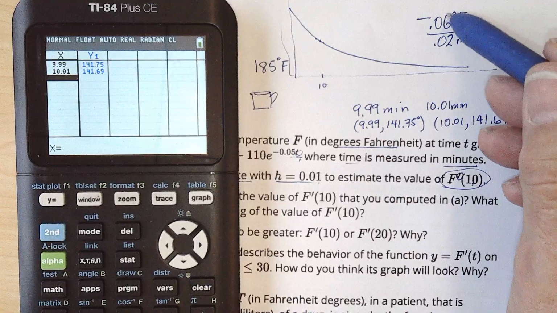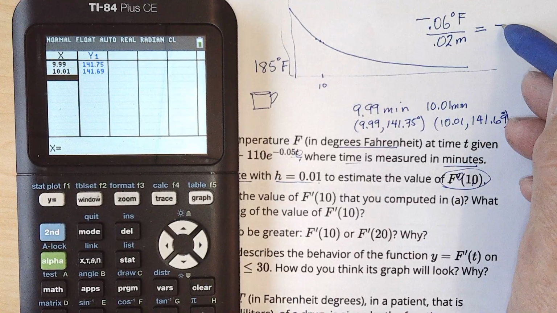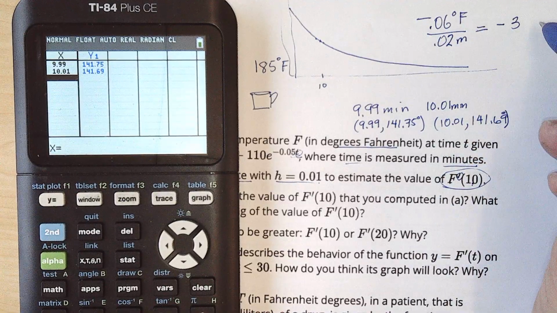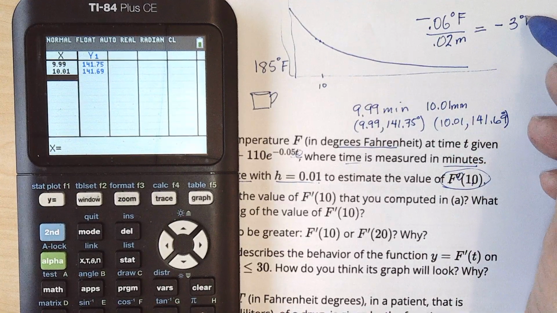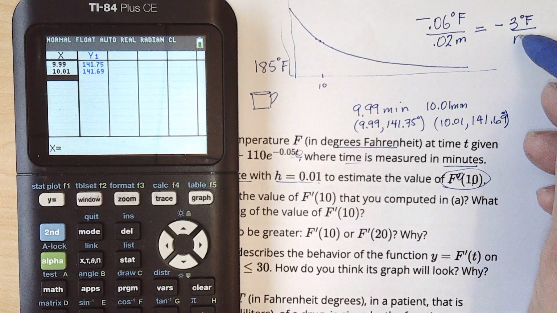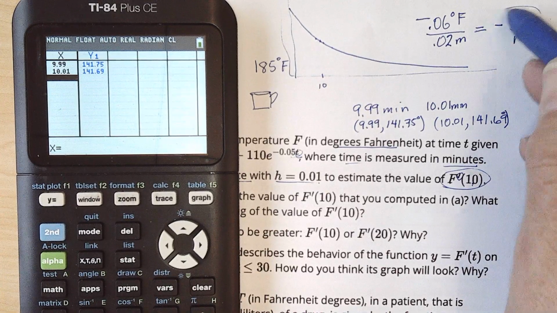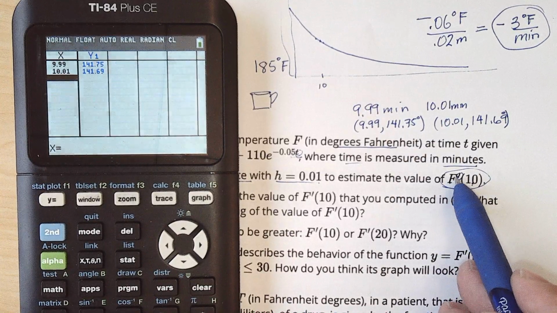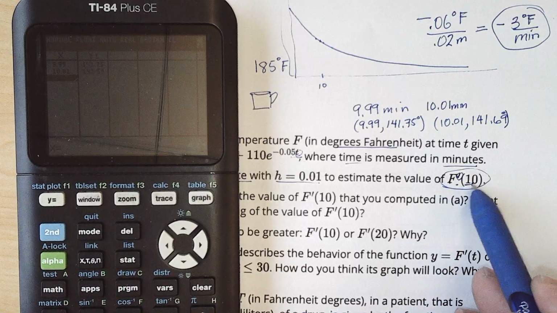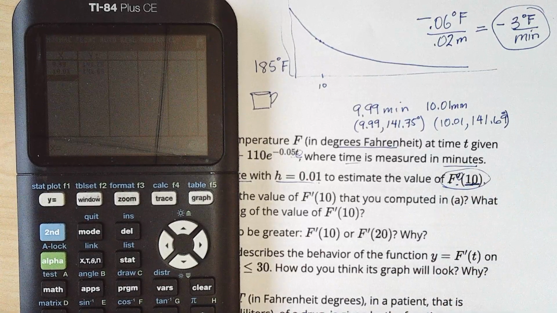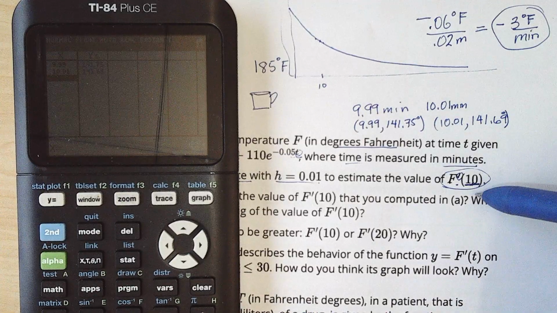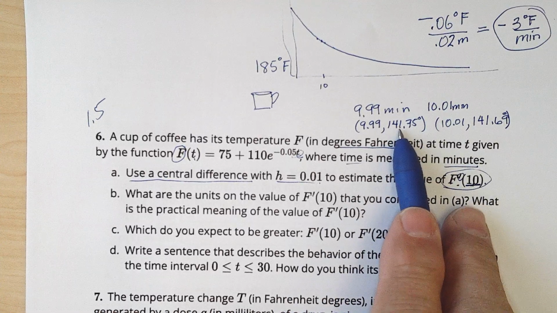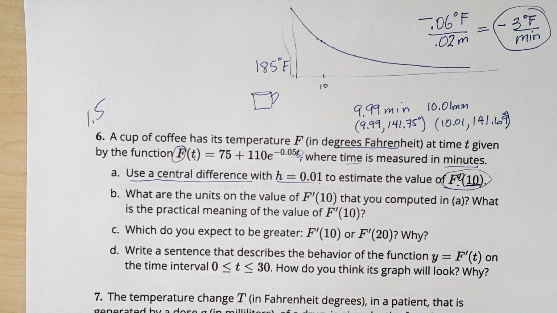So if I divide that into there, I get it's falling at 0.02 into 0.06 is 3 degrees Fahrenheit per 1 minute. That's my estimate for how fast the temperature is changing after 10 minutes. If I wait another minute, it should be another 3 degrees lower, or whatever it is. Well, it's about 141, so it should be down to 138-ish.